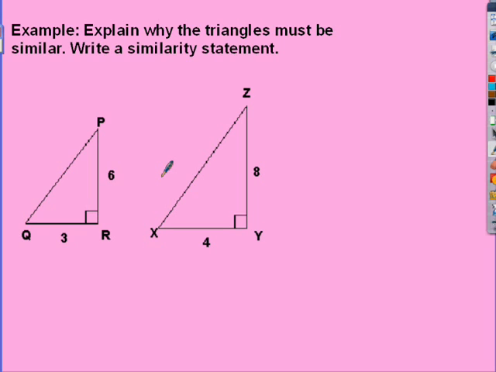Alright, this looks like it gives me a set of sides, angles, and another side. So that makes me think that we want to prove this by side angle side similarity. Let's start with the angle first. I know that angle R is a right angle and angle Y is a right angle from the diagram.